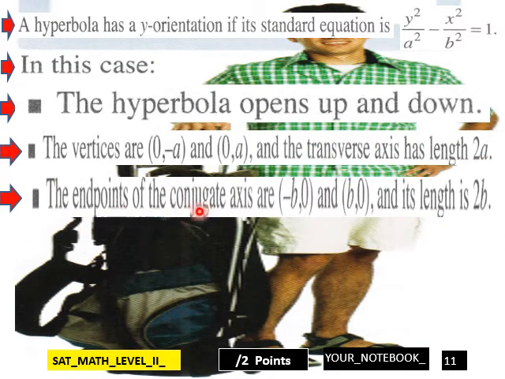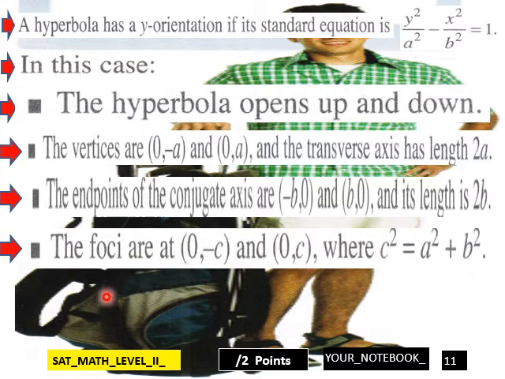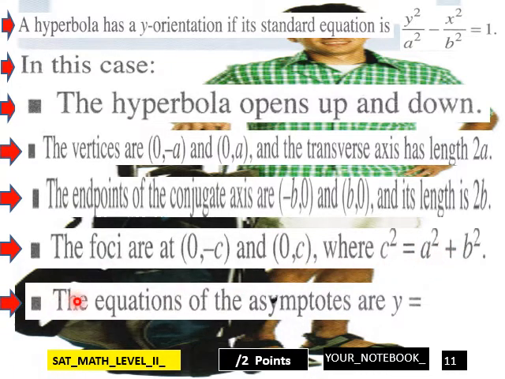The endpoints of the conjugate axis, in this case up here, are (negative b, 0) and (b, 0), and its length is 2b. The foci are at (0, negative c) and (0, c), where c squared equals a squared plus b squared. The equations of the asymptotes are y equals plus or minus a over b times x.